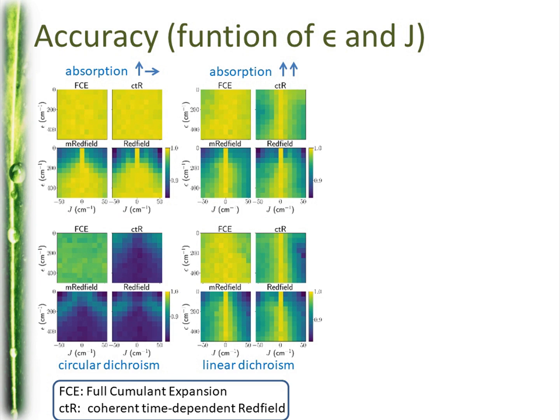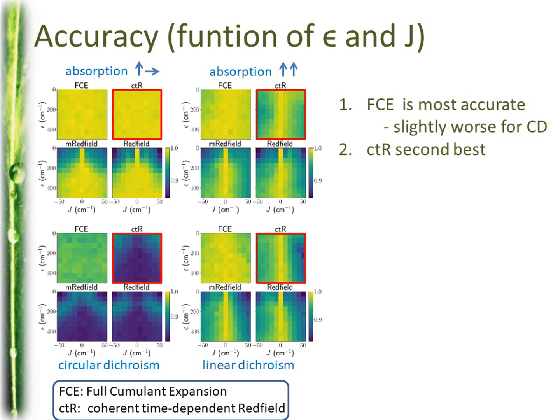A few observations are of interest. Firstly, the full cumulant expansion is always the most accurate method, and only for the calculation of circular dichroism spectra is the full cumulant expansion slightly inaccurate. Secondly, the coherent time-dependent Redfield method is the second most accurate method.